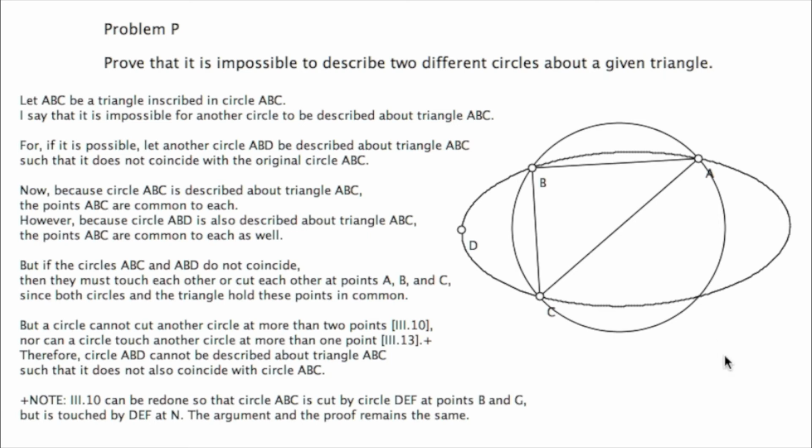That is still ruled out by proposition 10 because, as I said, we could rewrite it. And just with a very slight alteration, that same argument would prove that a circle cannot cut another circle, nor touch it at more than 2 points.